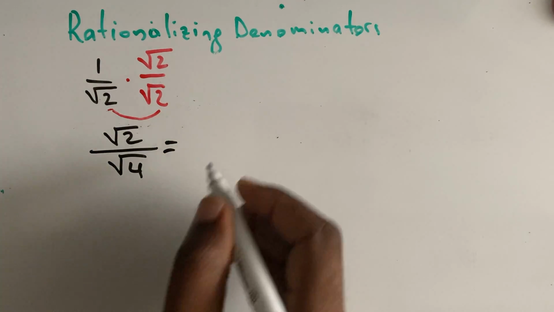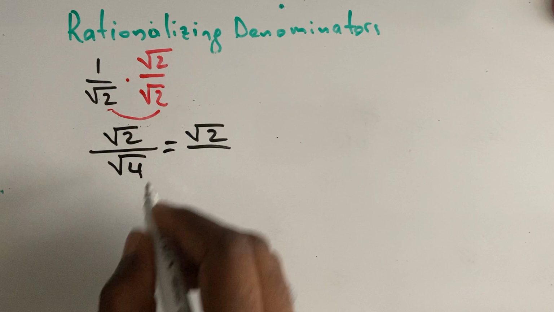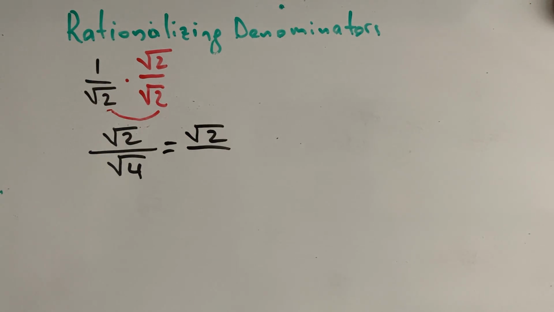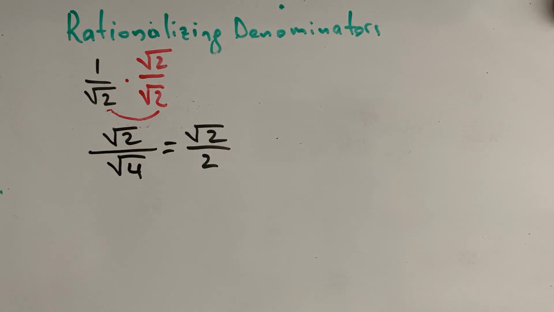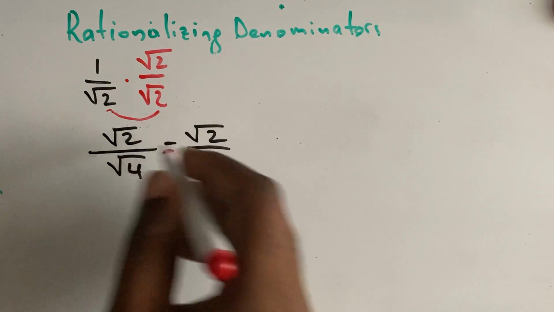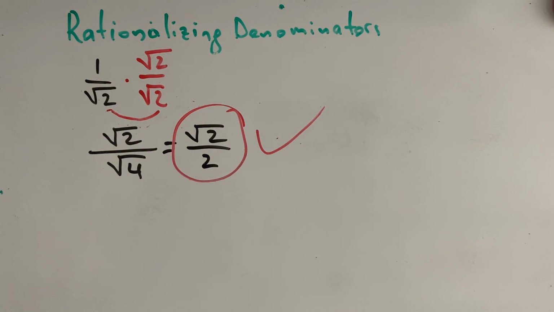So it's square root of 2 over square root of 4, which is 2, okay? And once you reach this point, there's no radical in the denominator, you know it's done. You just rationalized the denominator. So this is good. Same value as what you had previously, which was 1 over square root of 2, okay? So this is how you rationalize denominators.